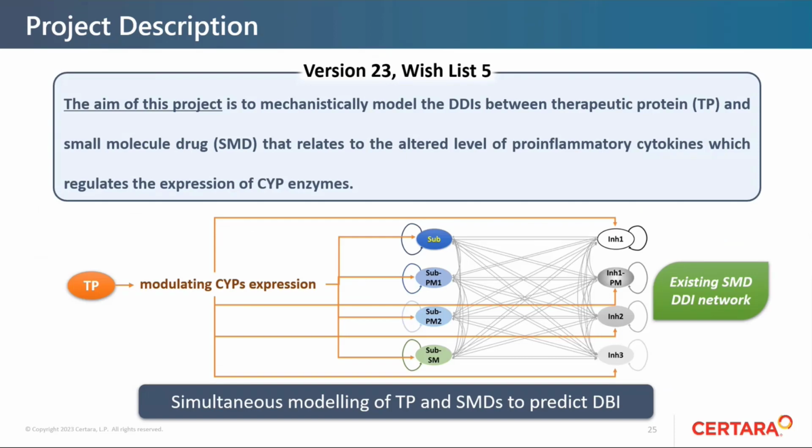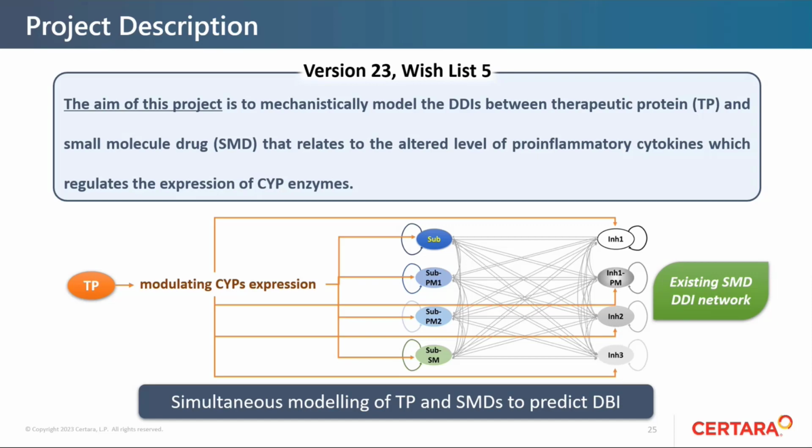The aim of this project is to mechanistically model this DDI between therapeutic protein and a small molecule drug that is related to altered levels of cytokine, which regulates the expression of CYP enzyme. Here is a complex DDI network implemented within the Simcyp simulator for the small molecule drug.